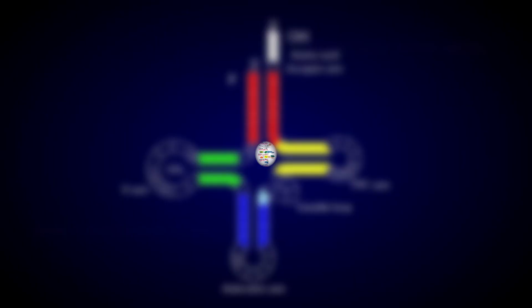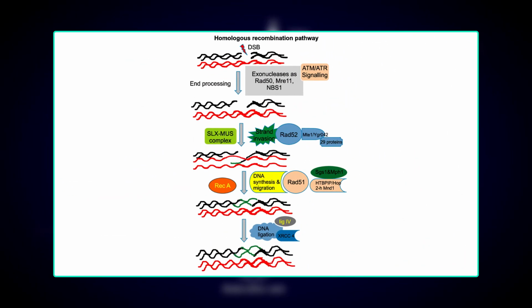In eukaryotes, homologous recombination occurs during meiosis, playing a critical role in the repair of double-stranded breaks in DNA and increasing genetic diversity by enabling the shuffling of genetic material during chromosomal crossover.